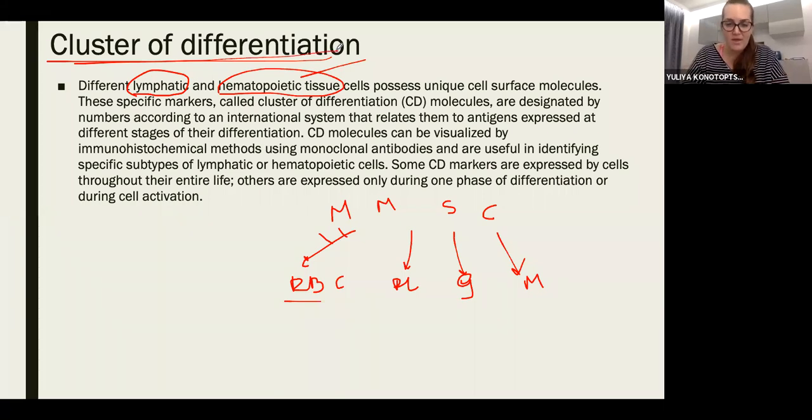If you want to be a hematologist, a doctor who deals with blood, you will know each and every one of these CDs. Each cell along the pathway will have its own CD. As Nasir has said, the precursor cells that will give me my red blood cells or platelets will all have on their surface some kind of marker, and that marker is called cluster of differentiation.